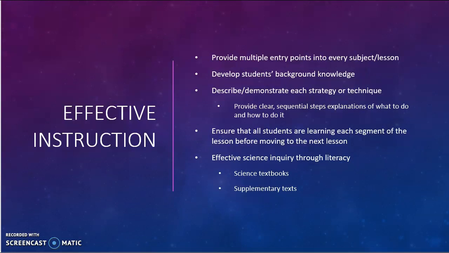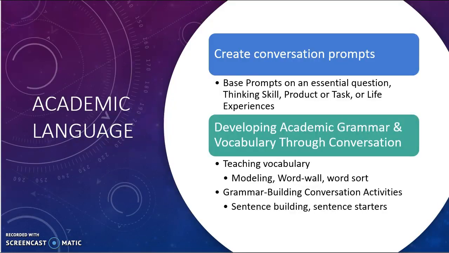And so through inquiry and through literacy, really, you're building academic language, right? We want to give students enough opportunities to read, write, as well as talk in science. So by building academic language, you can have them participate in more conversations by creating conversation prompts, and you can base this off an essential question. This can be based off of the phenomena that they're studying.